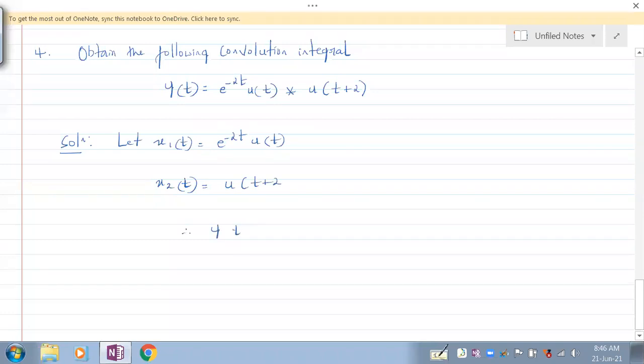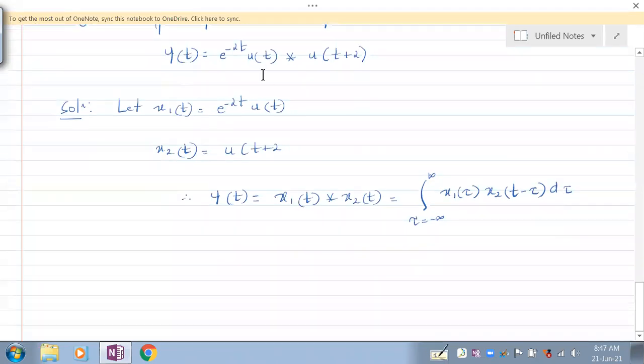Therefore, our y of t is x1 of t convolution integral x2 of t, and this is integration tau ranging from minus infinity to plus infinity, x1 of tau, x2 of t minus tau d tau.